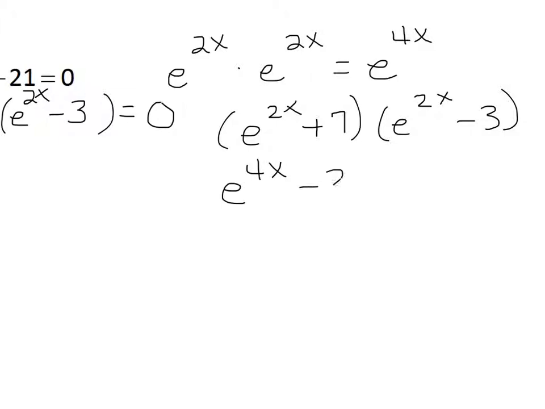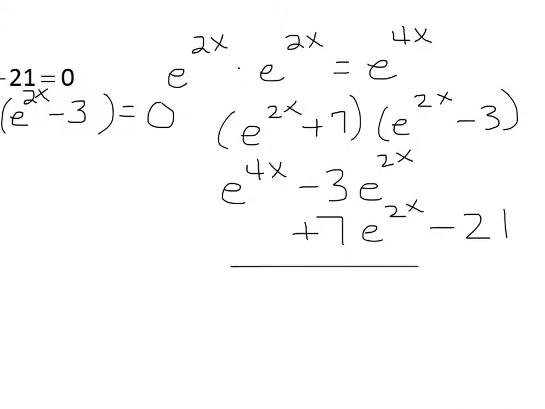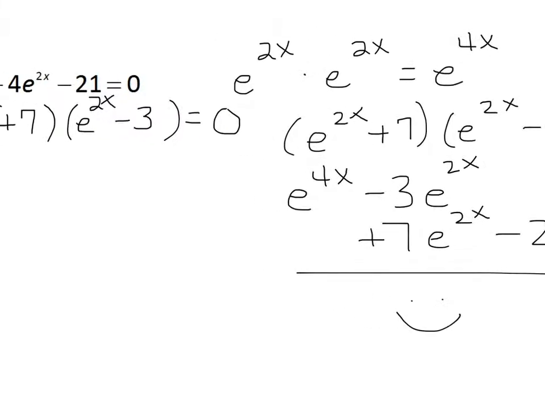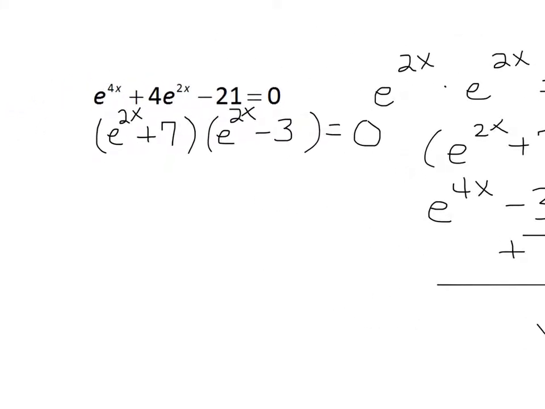Outer gives me minus e to the 2x times 3. Inner gives me plus 7e to the 2x. And last gives me minus 21, which is exactly what I want. And I'm very happy. So let's go back and continue with our solution.